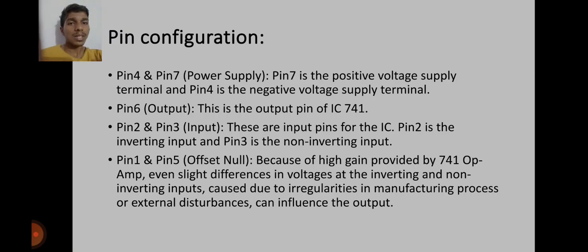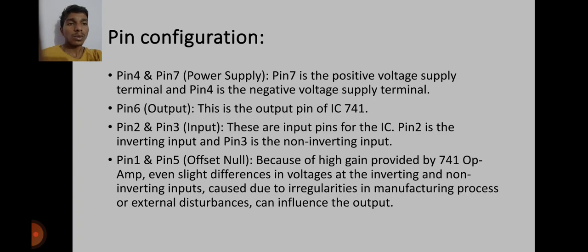Pin 2 is the inverting input and pin 3 is the non-inverting input. With the inverting input, the output will be the inversion, that is 180 degrees out of phase with respect to the input. And when we apply a signal to the non-inverting input, the output will be 0 or 360 degrees in phase with the input signal.